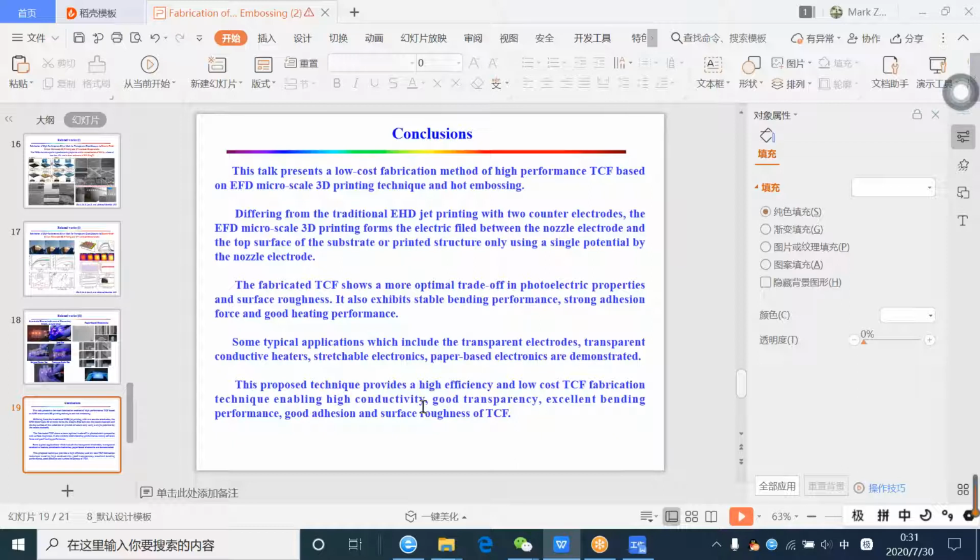This technique provides a high-efficiency and low-cost TCF fabrication technique, enabling high conductivity, good transparency, excellent bending performance, good adhesion, and surface roughness of TCF.